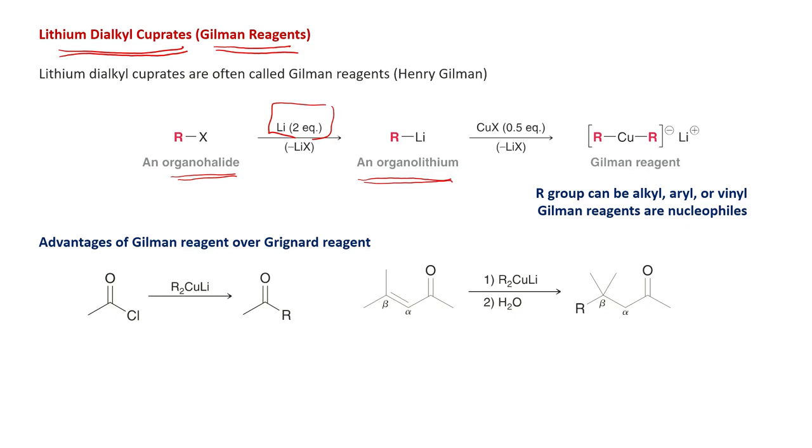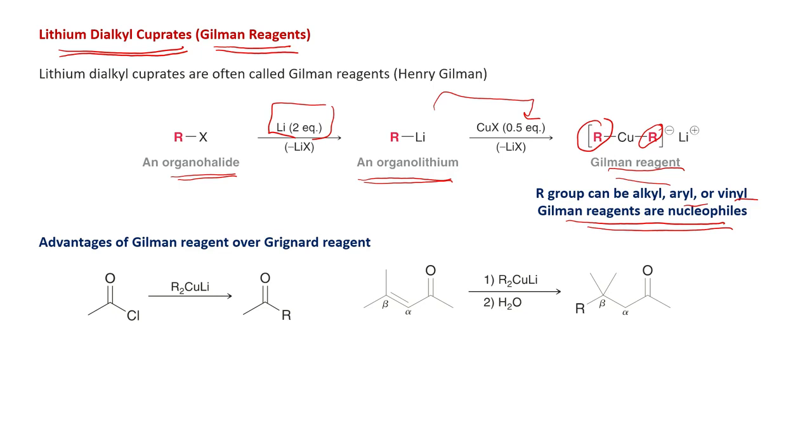When you further treat the organolithium compound with 0.5 equivalent of copper halide or any copper salt, you will get your Gilman's reagent, which is lithium dialkyl cuprate. So this R group can be alkyl, aryl and vinyl.